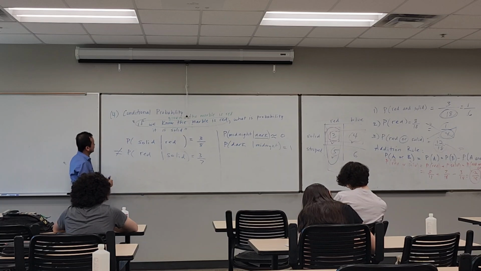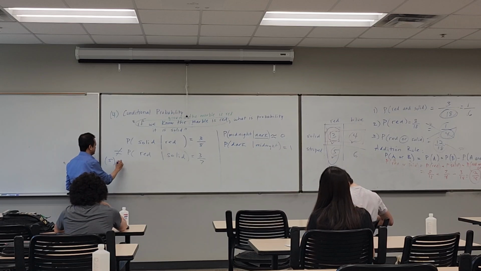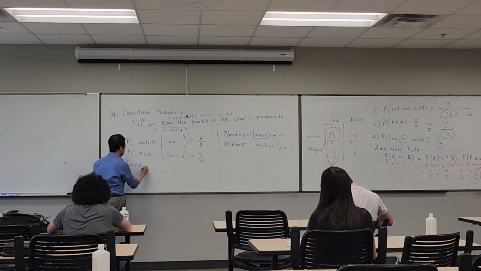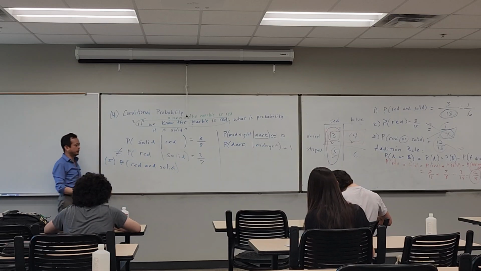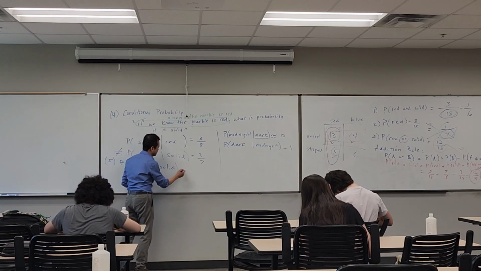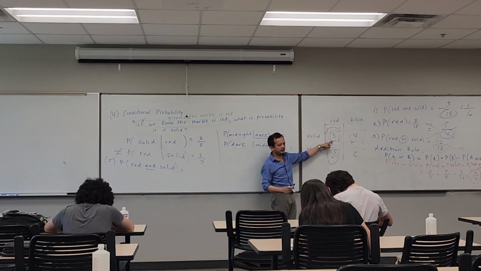All right, so let's talk about the fifth idea. We've done this one before. We want to find the probability that a marble is both red and solid. And we did it before just by looking at the number of marbles that match that description.